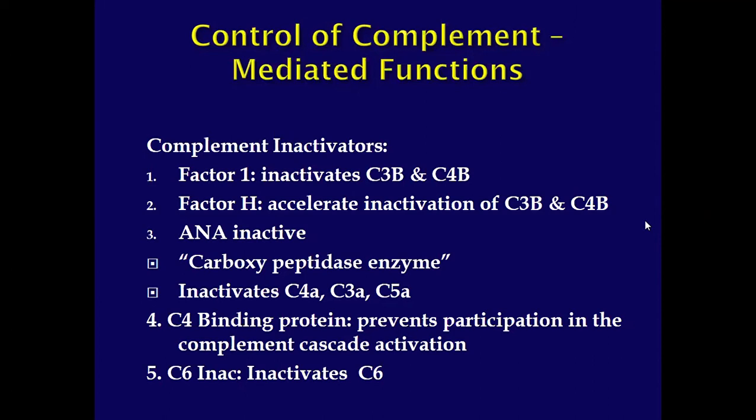Then we have the anaphylatoxin inactivator, a carboxypeptidase enzyme that inactivates C4A, C3A, and C5A. Then we have the C4 binding protein that prevents the participation of C4 in the complement cascade activation. And then C6 inactivator specifically inactivates C6.